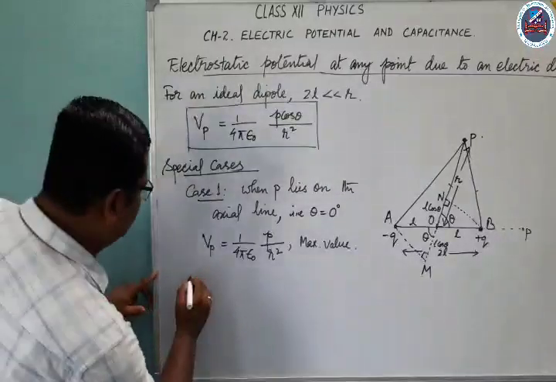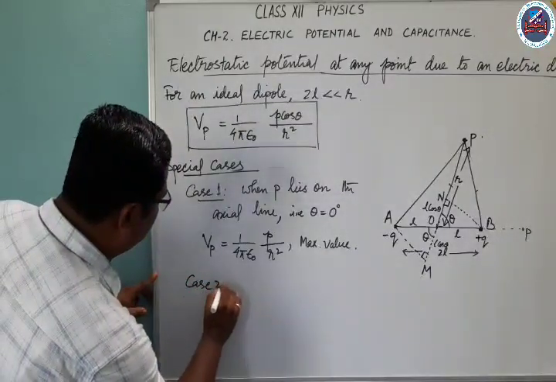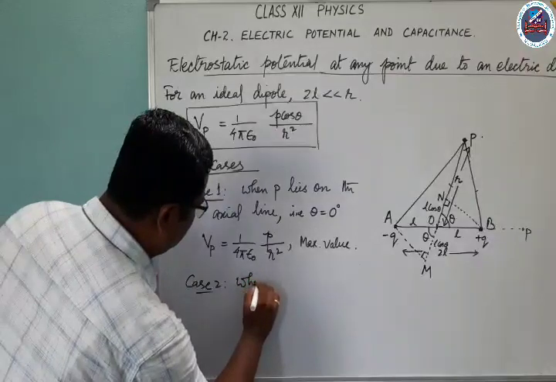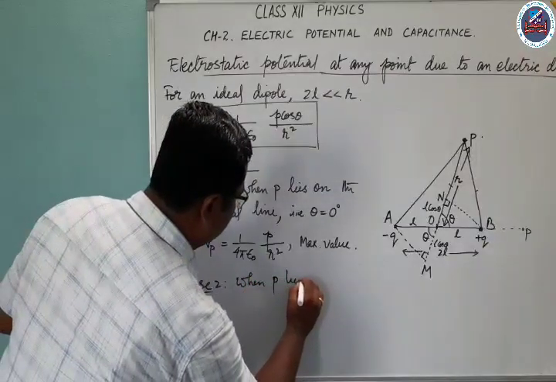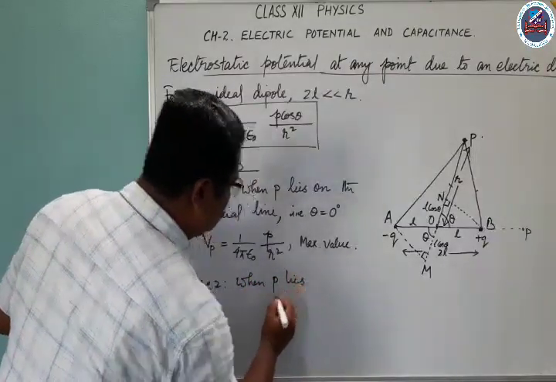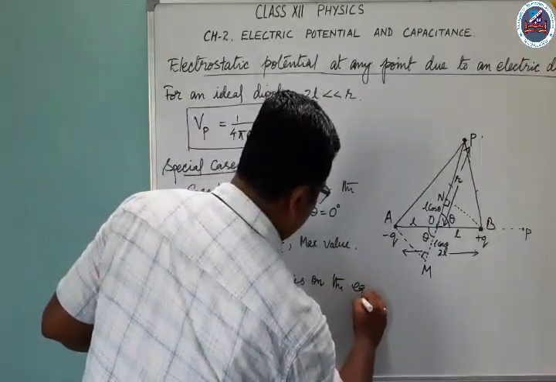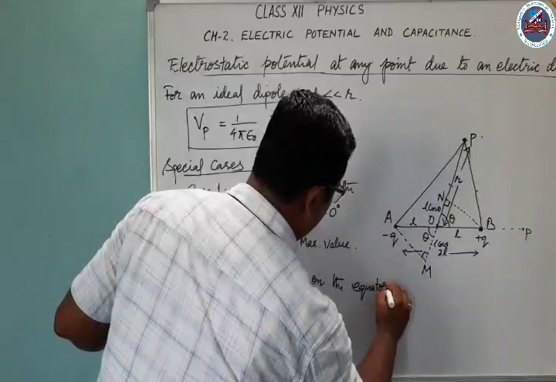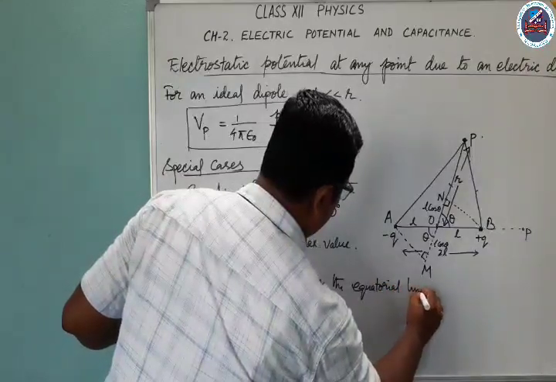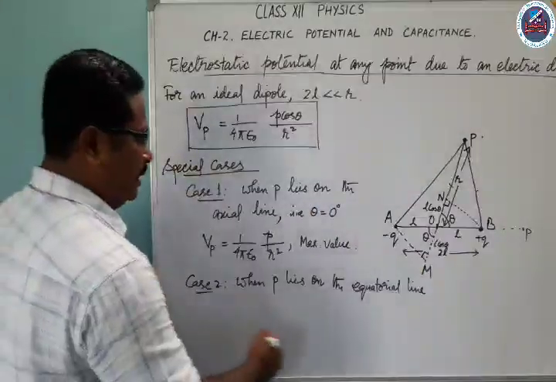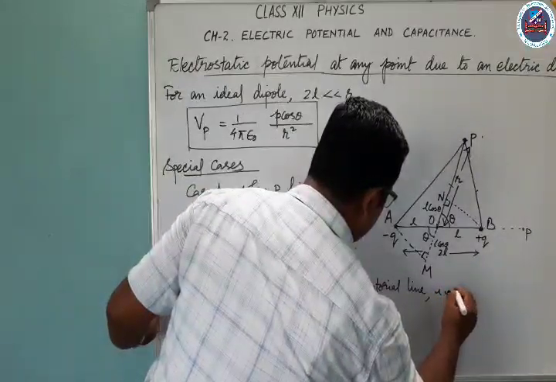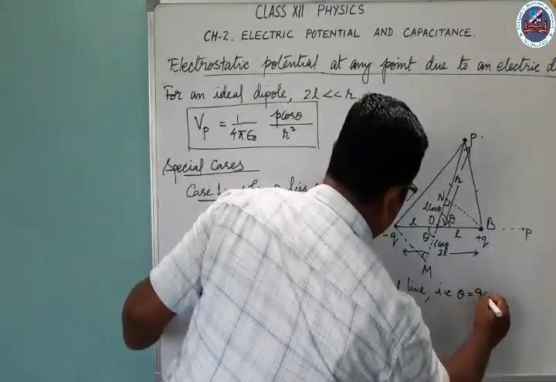Like that, case 2, when P lies on the equatorial line, in that case theta is equal to 90 degree.